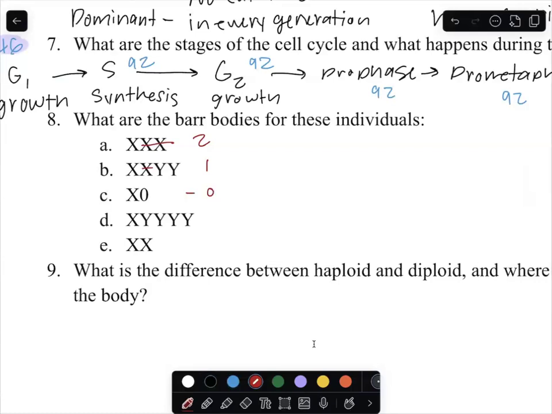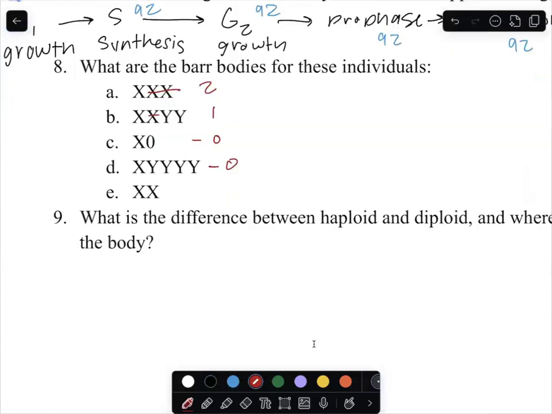This one would have zero. This one would also have zero because it's only X. So just X chromosomes get condensed. I spelled that wrong. Okay. And they would have one.